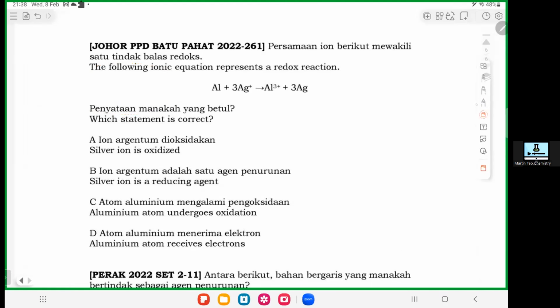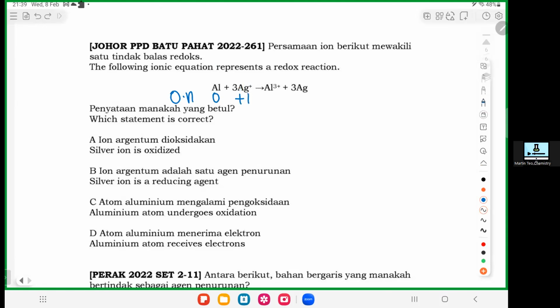Okay, let's do it. So can we list out the oxidation numbers? For aluminium, one species, an element, the oxidation number is 0. Ag plus: when you see this one has a charge, it is an ion. When you have an ion, the oxidation number copies the charge, so +1. Remember the number 3 in front, don't bother.